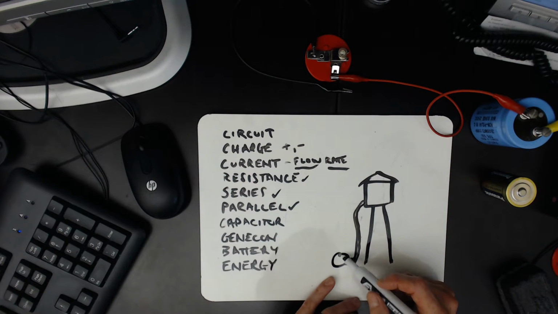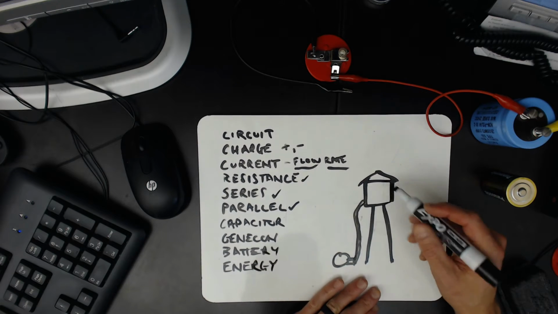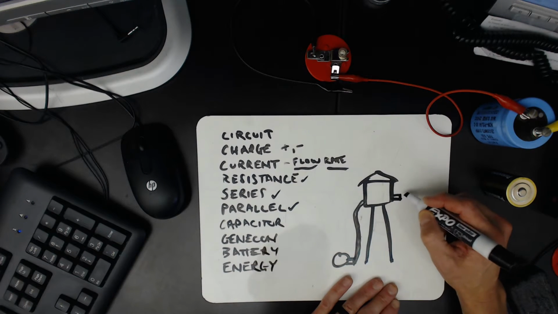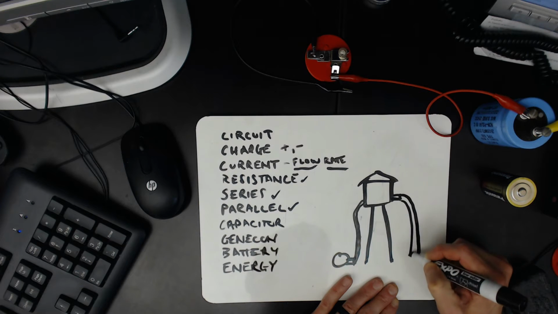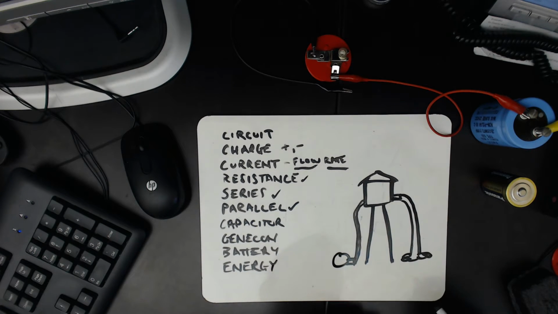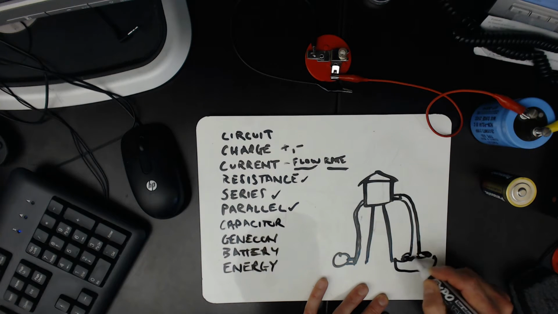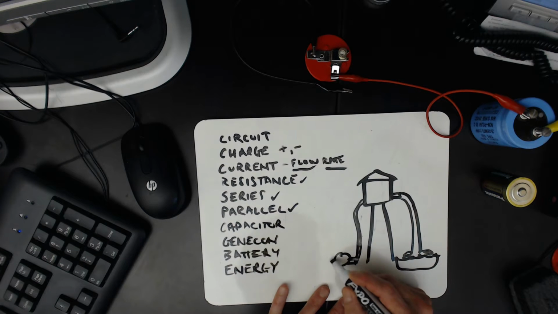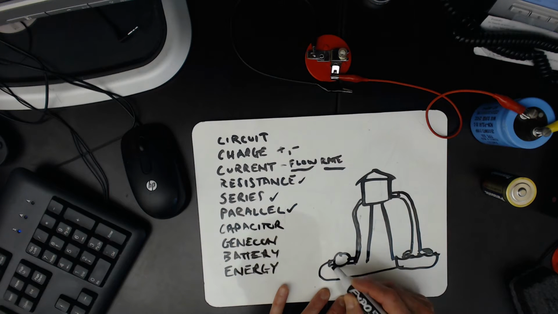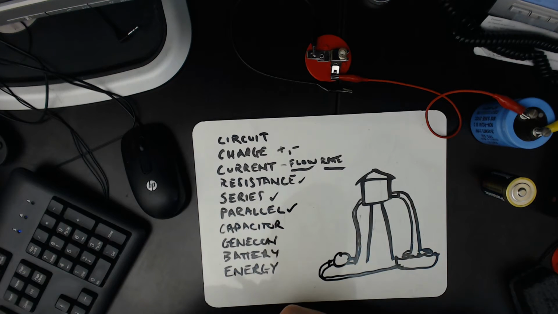Now, it's going to take energy to pump that water up to the tank, right? Now, when the water comes out of the tank, it's going to release that energy. And let's say it's going into a pool down here at the bottom, I could pump it back out again, right? And pump it back up into the water tower.